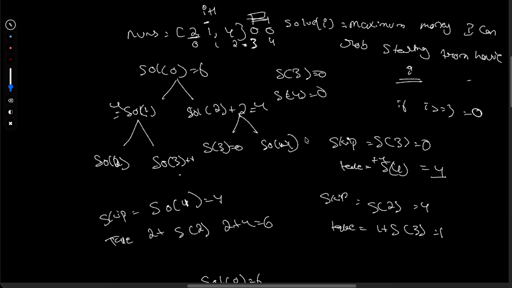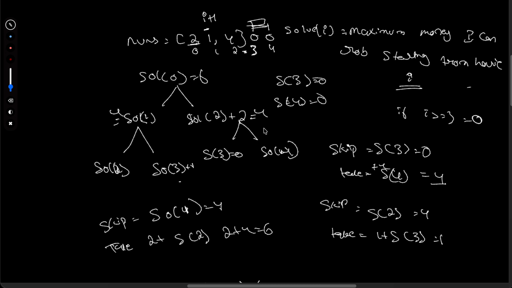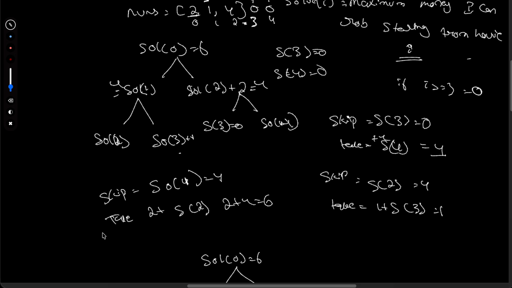So we cannot use plain recursion. In recursion, some houses are solved again and again, so some work was repeated. That's why we are going to use memo. Memo means if already I have solved, do not solve it again, just return the saved answer.